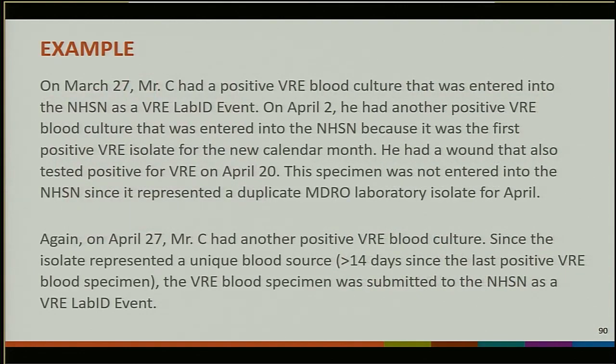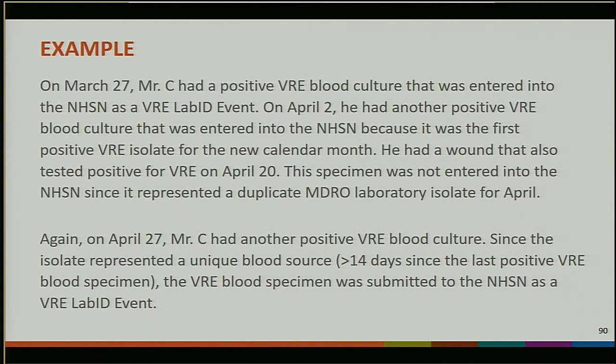Okay. This is kind of long, but we're gonna see if we can get through this example. On March 27th, Mr. C had a positive VRE blood culture that was entered into the NHSN as a VRE LabID event. On April 2nd, he had another positive VRE blood culture that was entered at NHSN because it was the first positive VRE for the new calendar month, right? Everybody following?